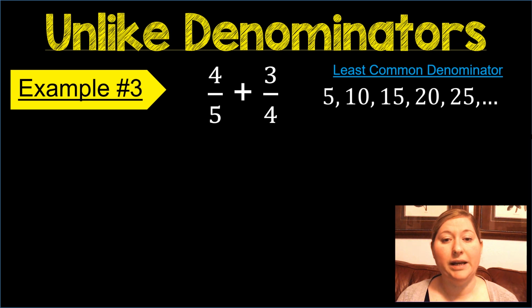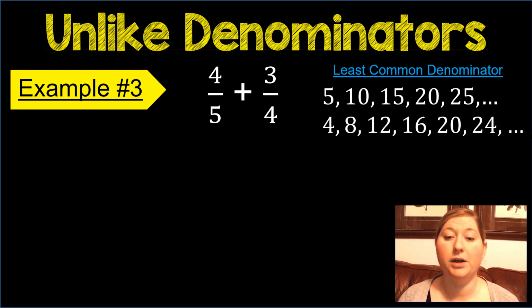And then I'm going to write the multiples of my next denominator, which was 4. So I'm going to do 4, 8, 12, 16, 20, 24. And I can see that I have in common 20. And that's the least common denominator because there's nothing less than that they have in common.